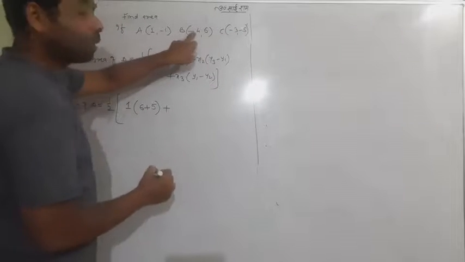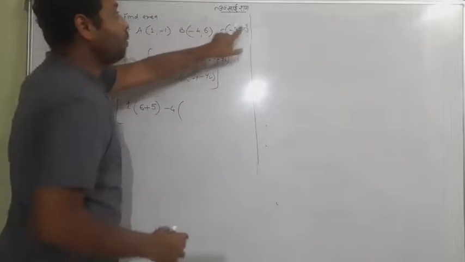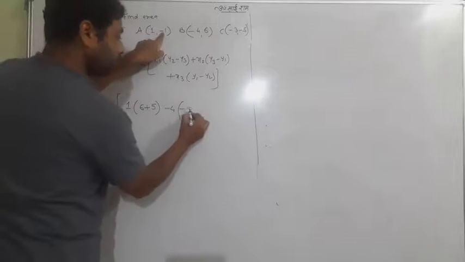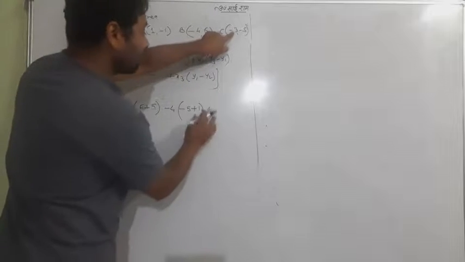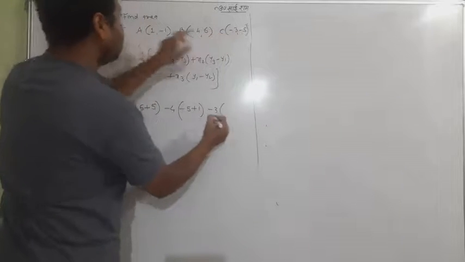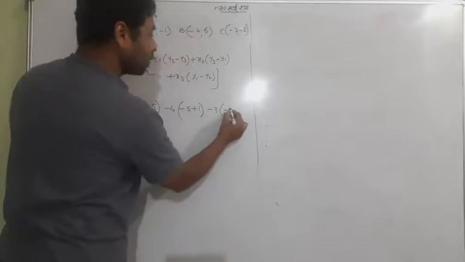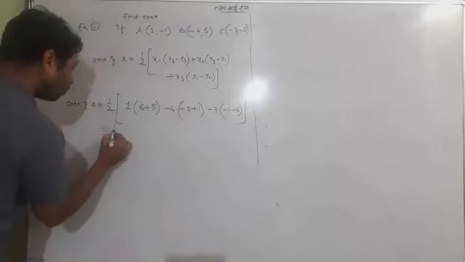Now I'll write the second point, x2, which is -4, times y3 minus y1, which is -5 plus 1. Then I'll write x3, the third point, -3, times y1 minus y2, which is -1 minus 6. So this is the method.